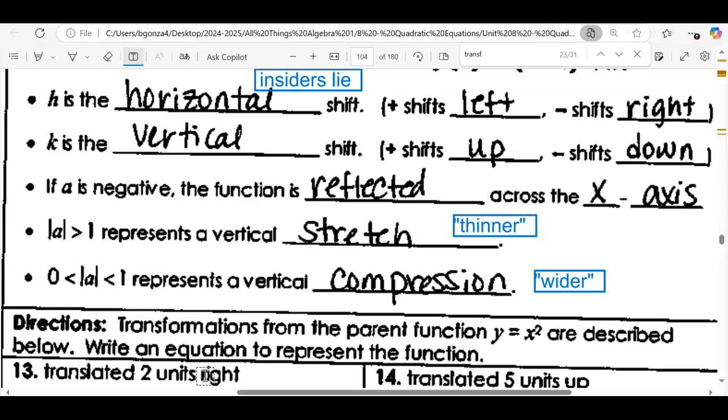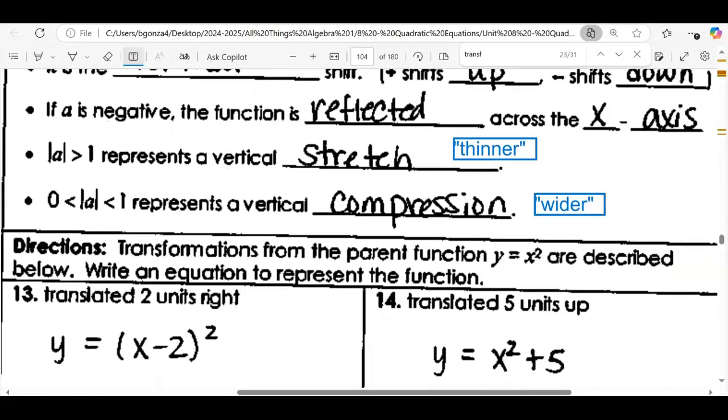So right usually means plus, so we're going to put a -2 in parentheses. 5 units up and down is an outsider. It does not lie, so 5 units up would be +5. So number 13 is (x minus 2) squared, because that's left and right, liars. And then 14 translated 5 units up is after the squared +5, right?